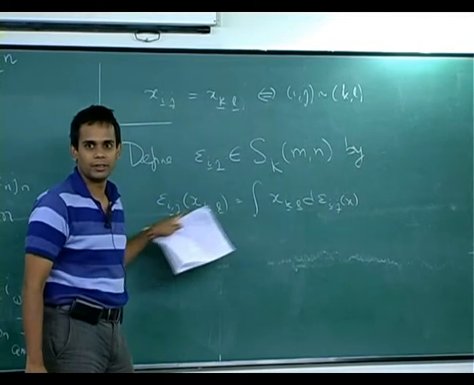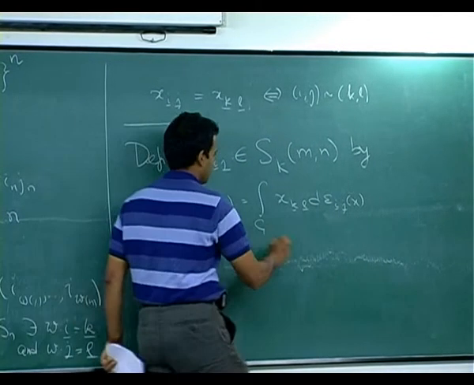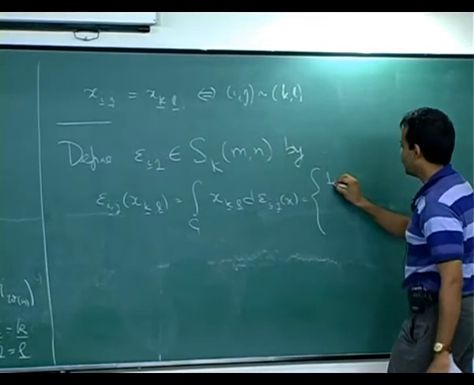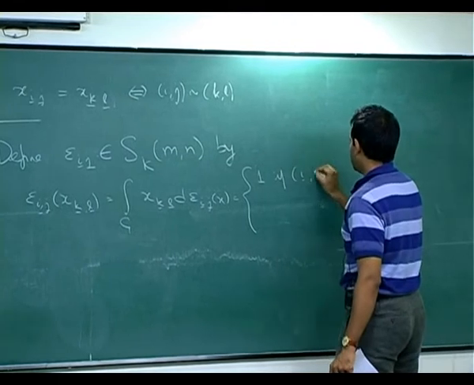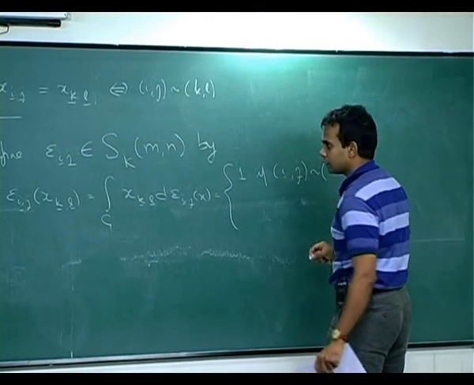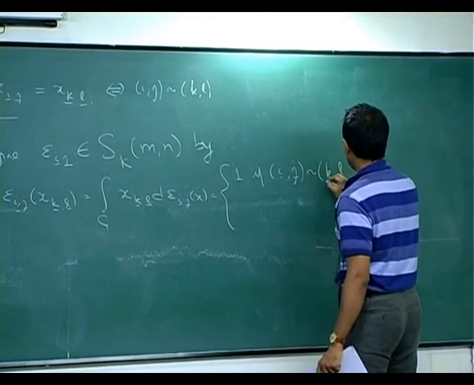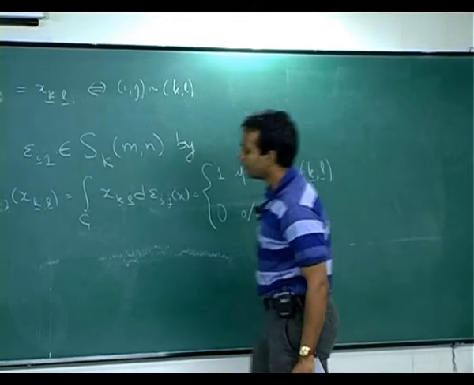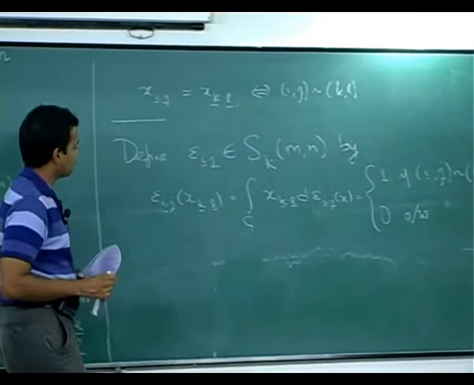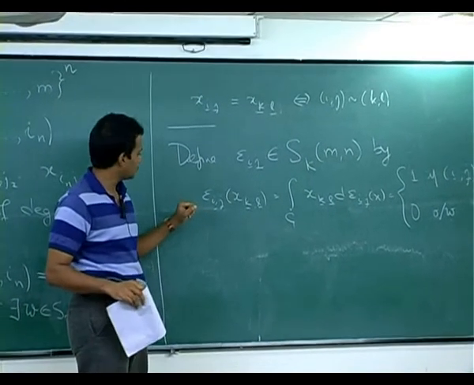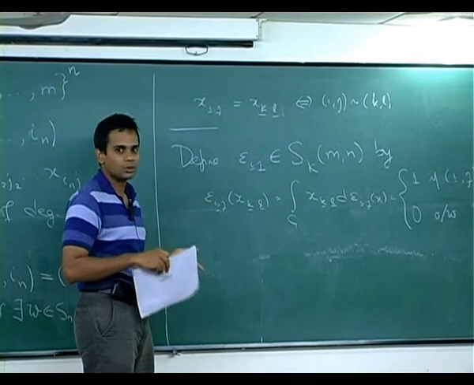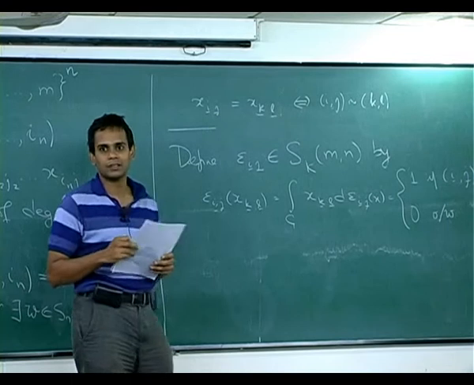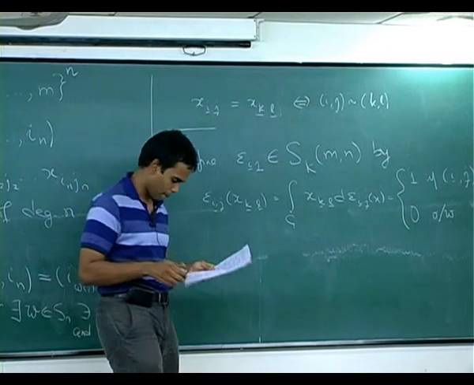These are just the same notation, to be 1 if I j is equivalent to k L and 0 otherwise. And this is going to be a basis for the Schur algebra as I comma j runs over a set of representatives for the equivalence classes of pairs of multi-indices.